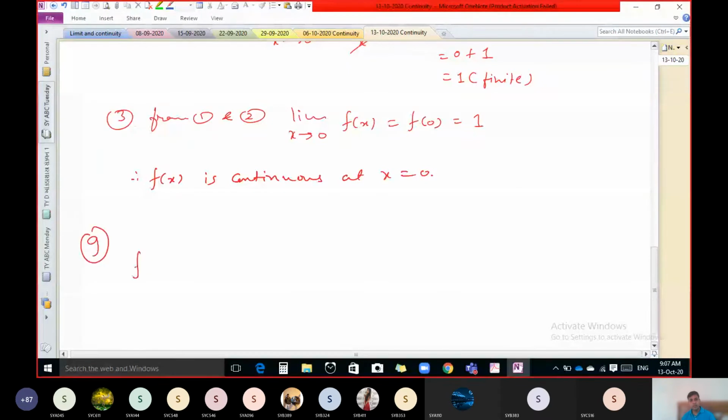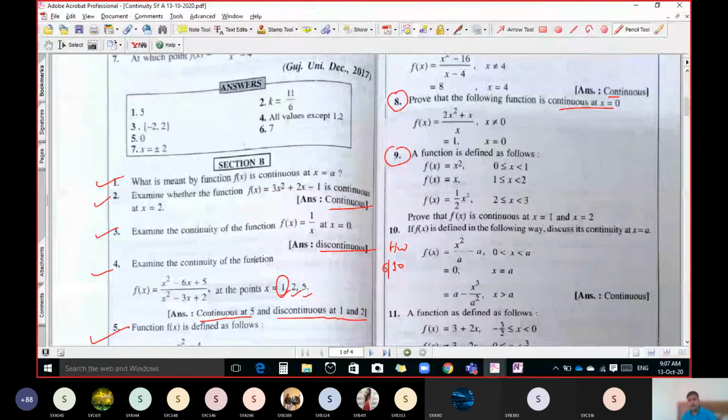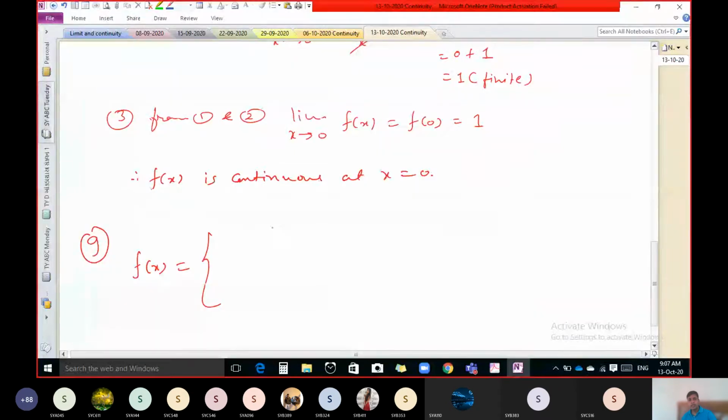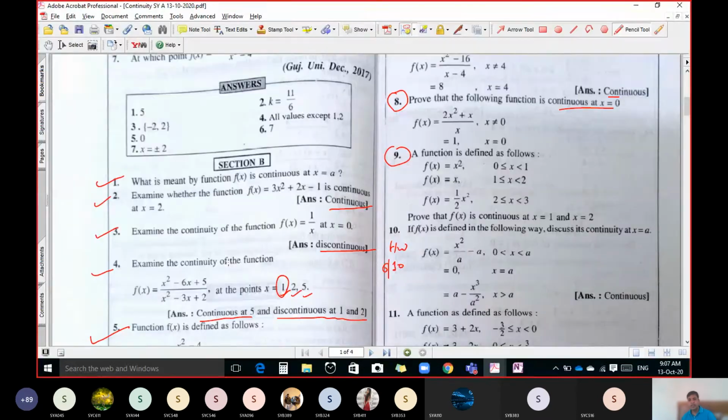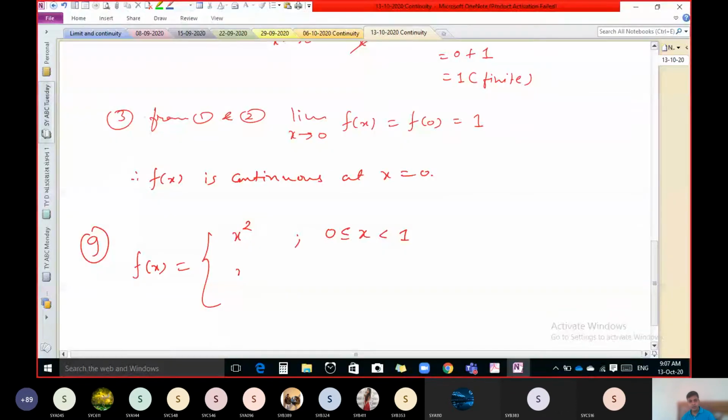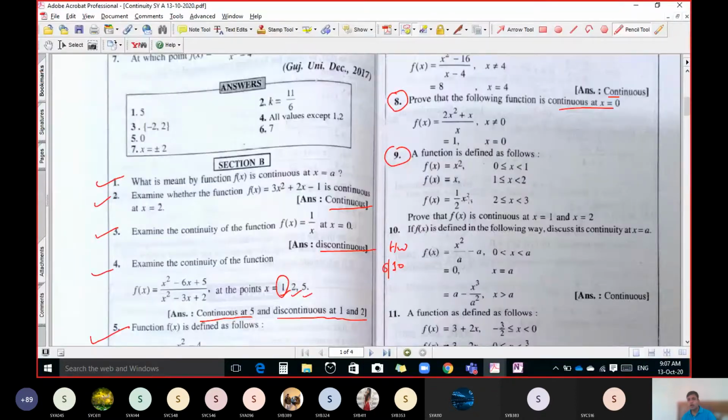Then x when 1 less than or equal to x less than 2. And 1 upon 2 x square when 2 less than or equal to x less than 3.